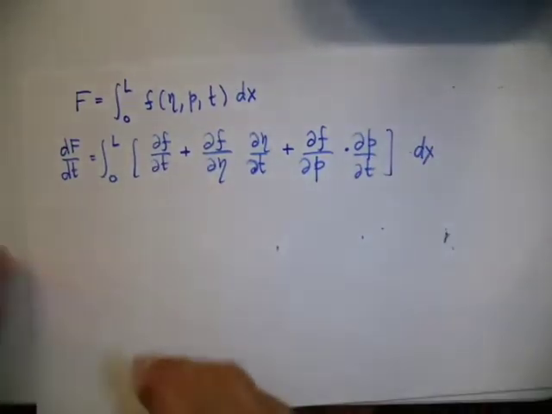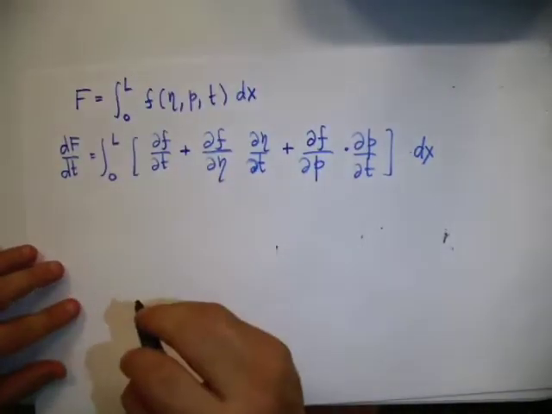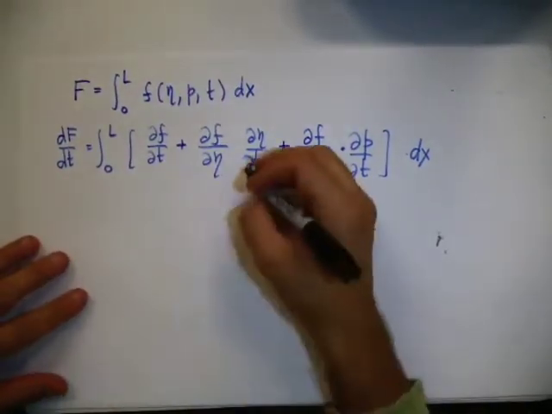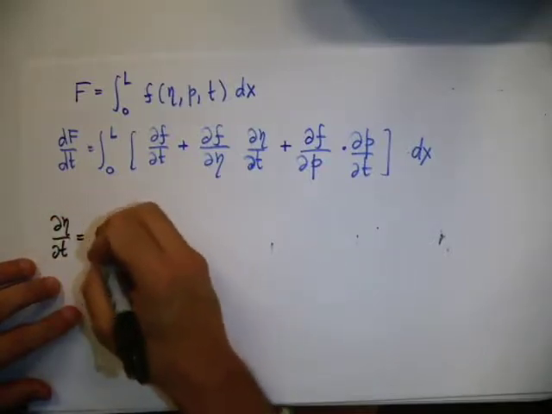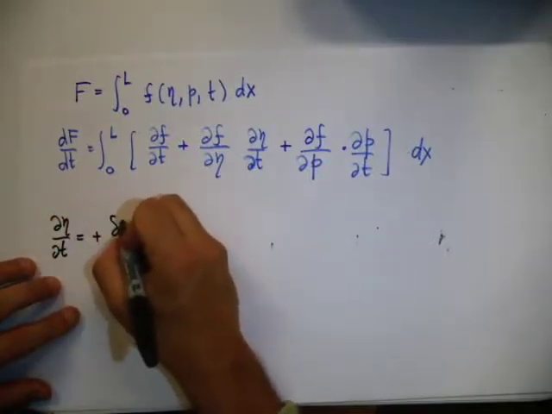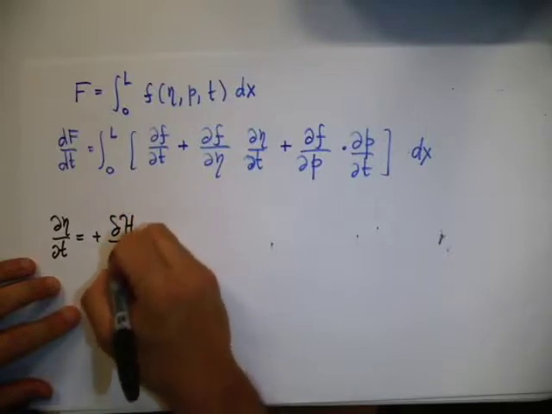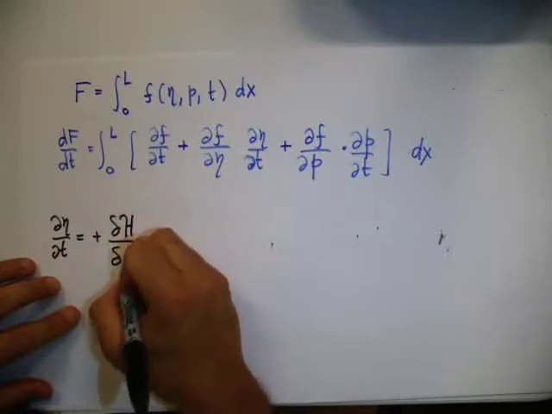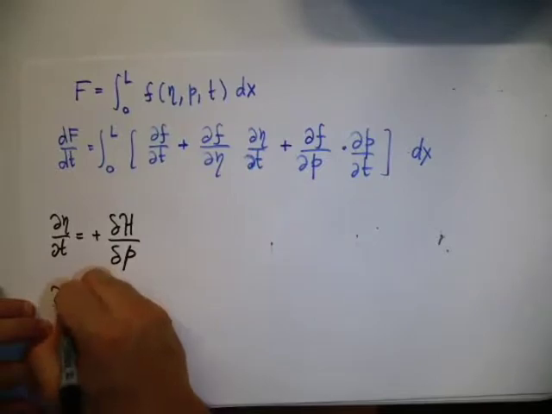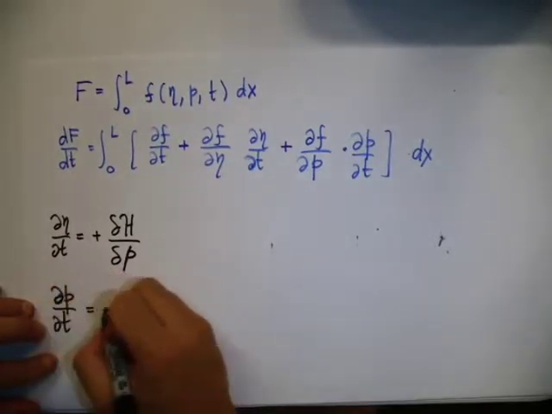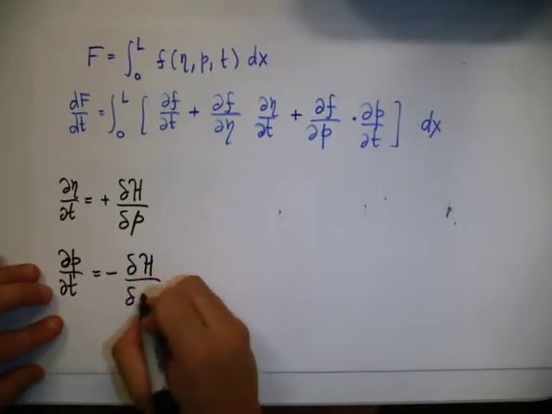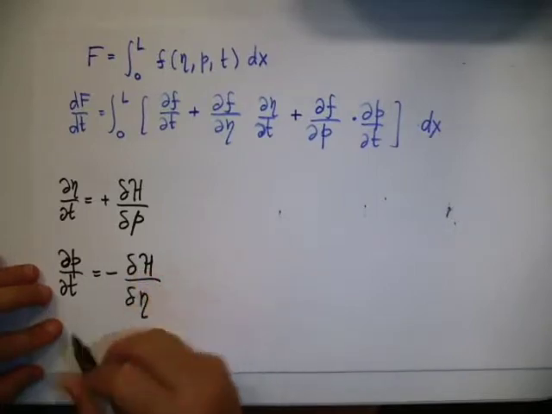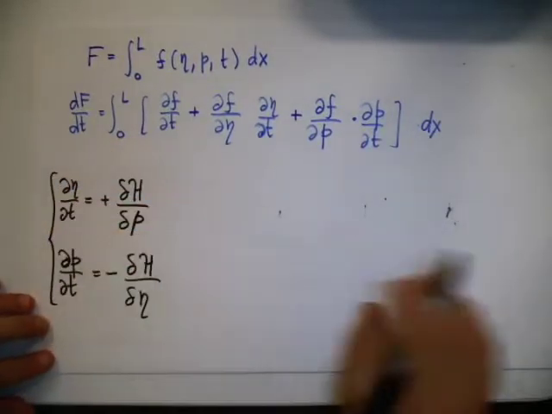And then, I showed you now that d eta dt is equal to plus the variational derivative of H with respect to p, and the partial of p with respect to time is equal to minus the variational derivative of H with respect to eta. Okay, we just proved it.